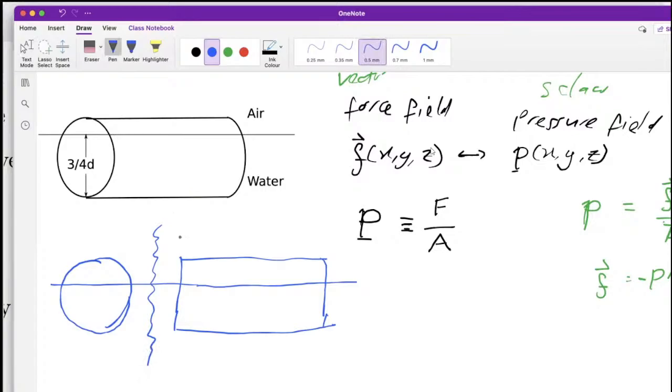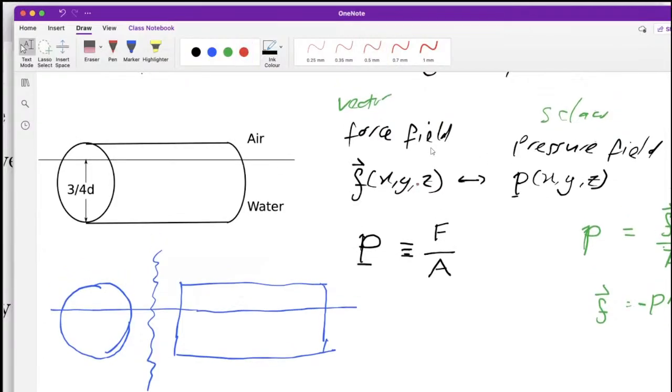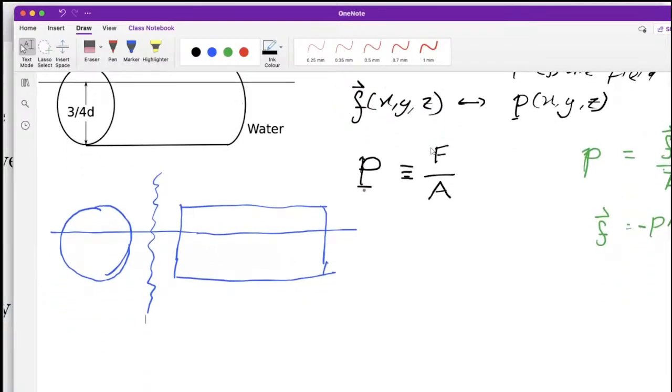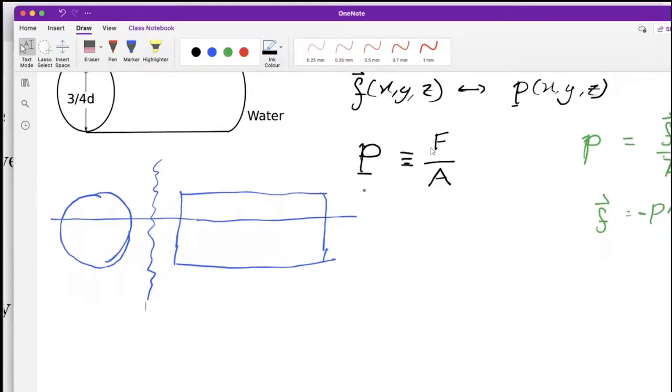Yeah. Now what you can see is, how does the force due to the pressure look on this solid object?